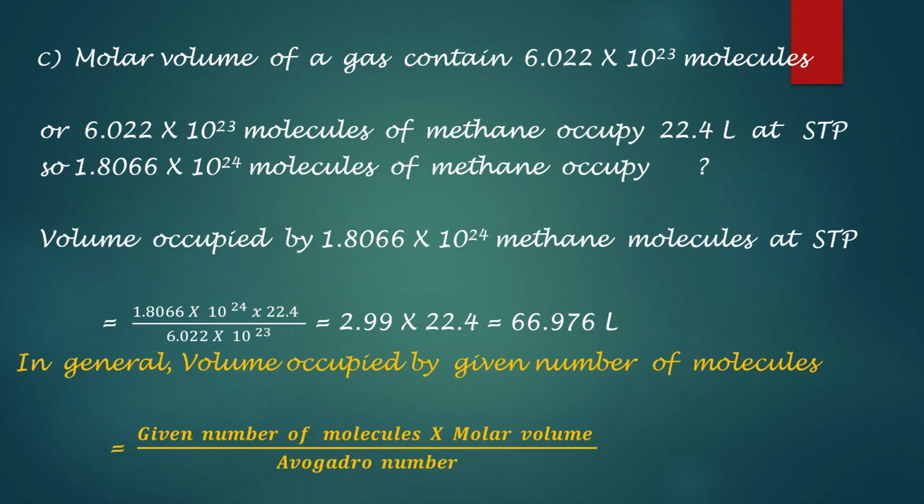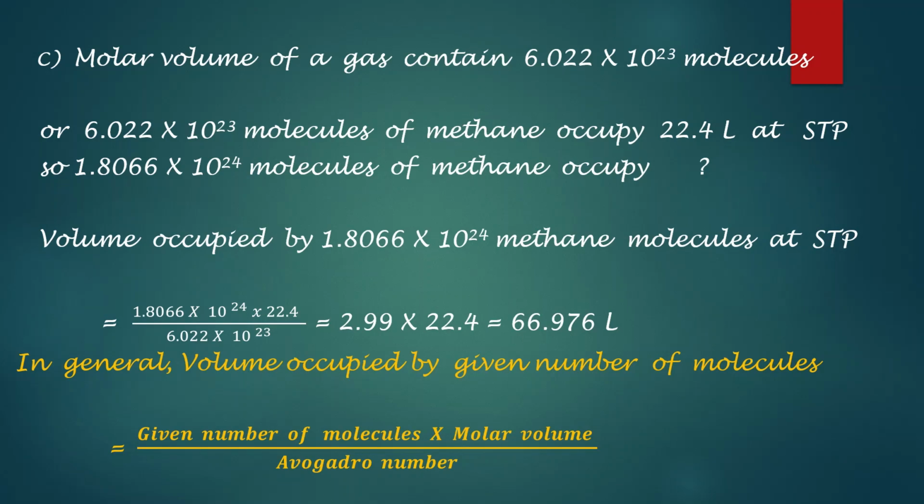So volume occupied by 1.8066 into 10 power of 24 molecules of methane at STP is equal to 1.8066 into 10 power of 24 into 22.4 divided by 6.022 into 10 power of 23, that is equal to 2.99 into 22.4, that is equal to 66.976 liters.